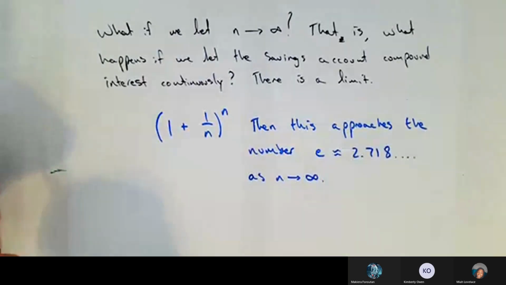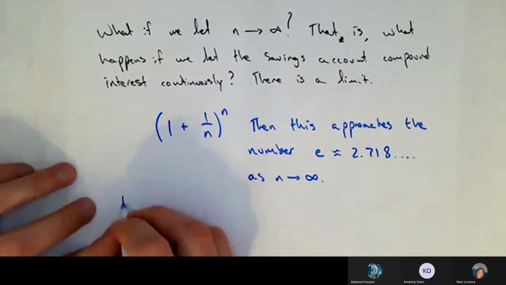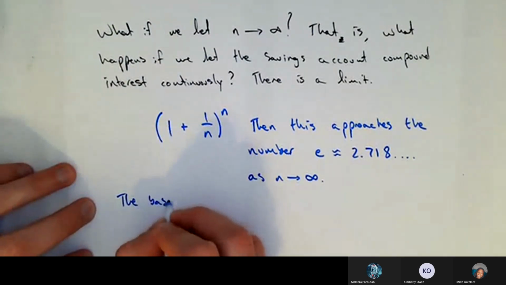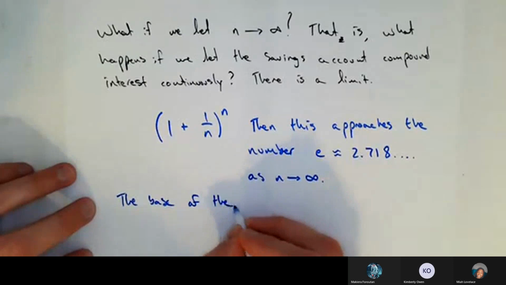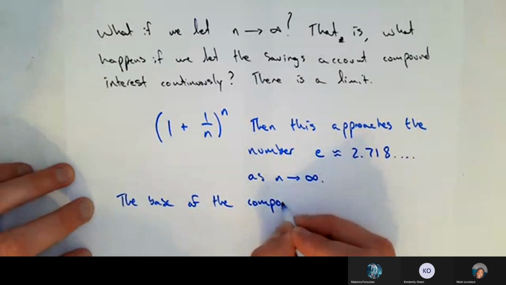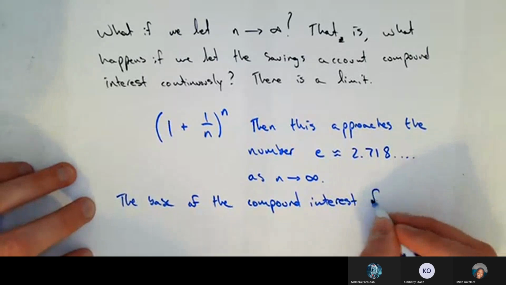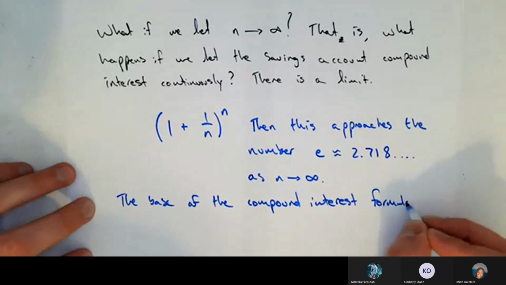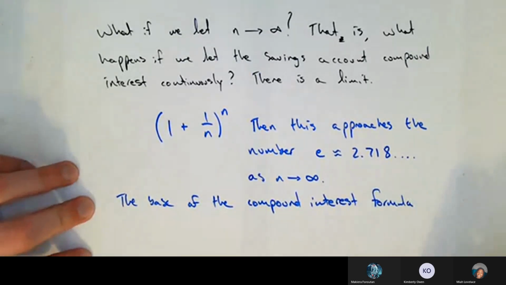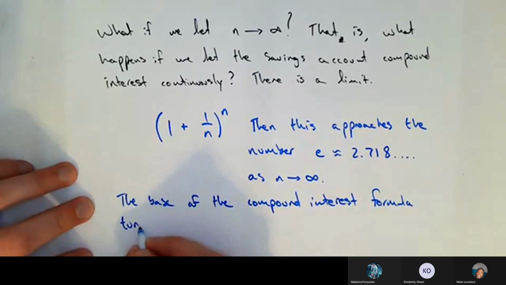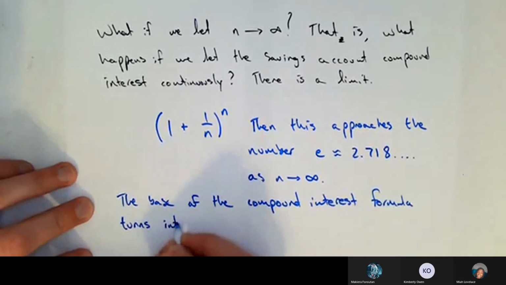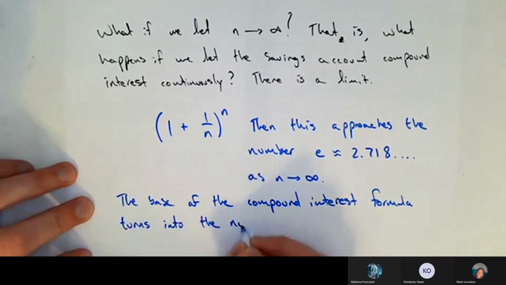As n tends to infinity, the base of the exponential function, so what this means is the base of the compound interest formula, turns into the number e.